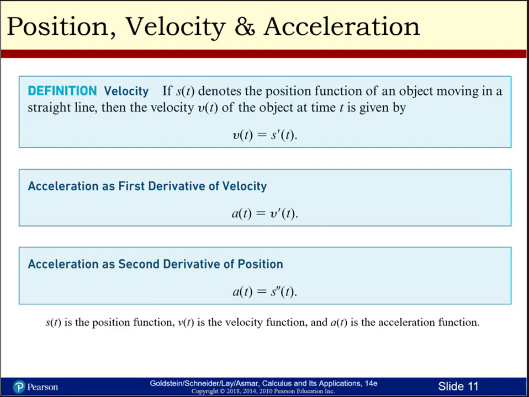Acceleration as the first derivative of velocity just means that the acceleration is the derivative of the velocity function. And then acceleration as a second derivative of position: you would have the velocity anyway, but you can just take the second derivative of the position and you will have your acceleration function. Now, s of t is the position function, v of t is the velocity function, and a of t is the acceleration function.